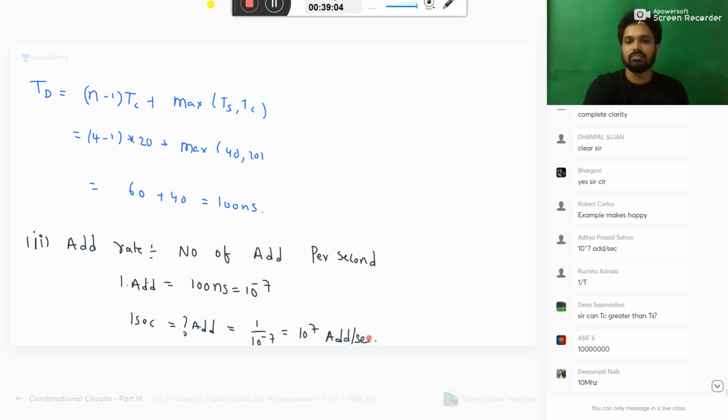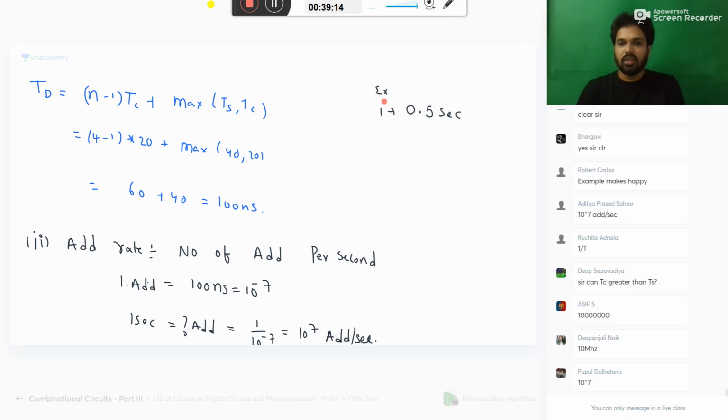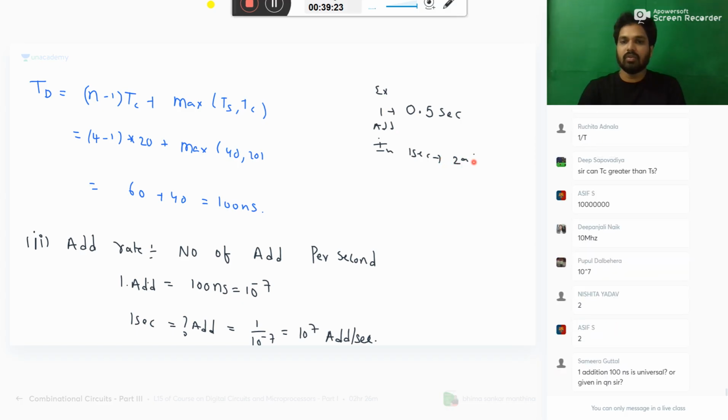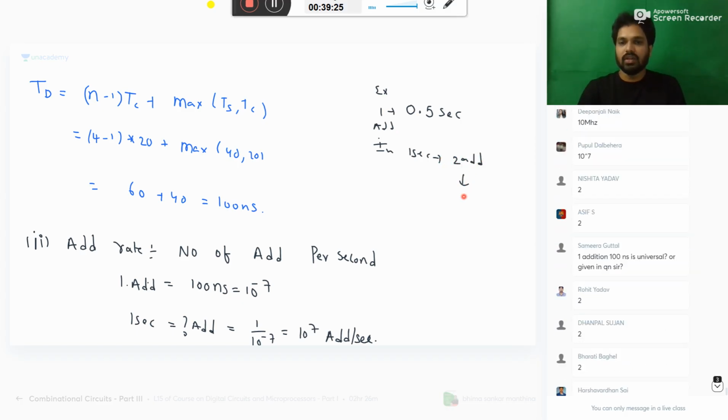That's all. Okay. So for example, one addition requires 0.5 seconds. In 1 second, how many additions are performed? Everybody say 0.5, one addition, so two additions will be performed. Actually it is 1 by 0.5.